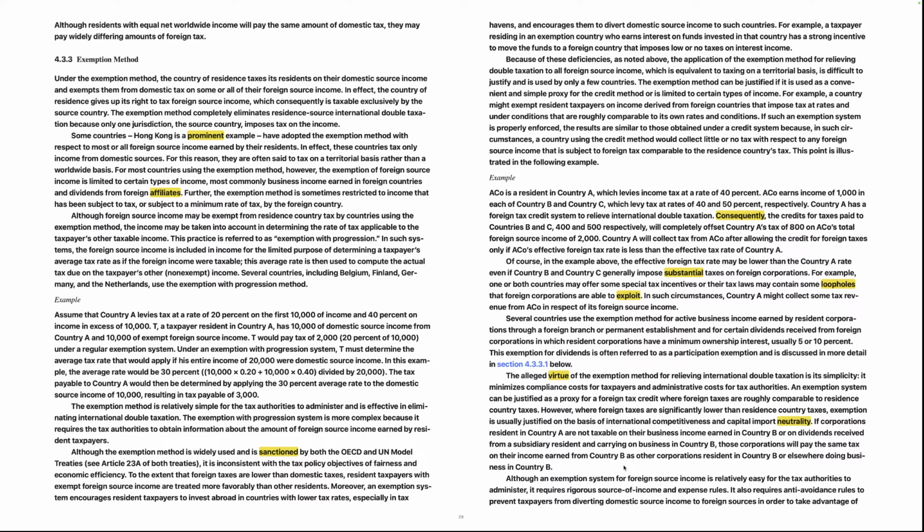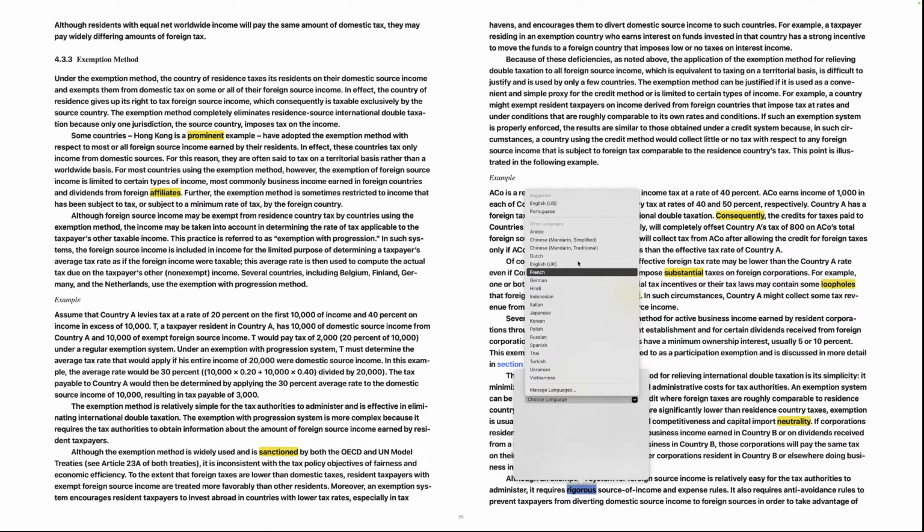Although an exemption system for foreign source income is relatively easy for tax authorities to administer, it requires rigorous source of income and expense rules.